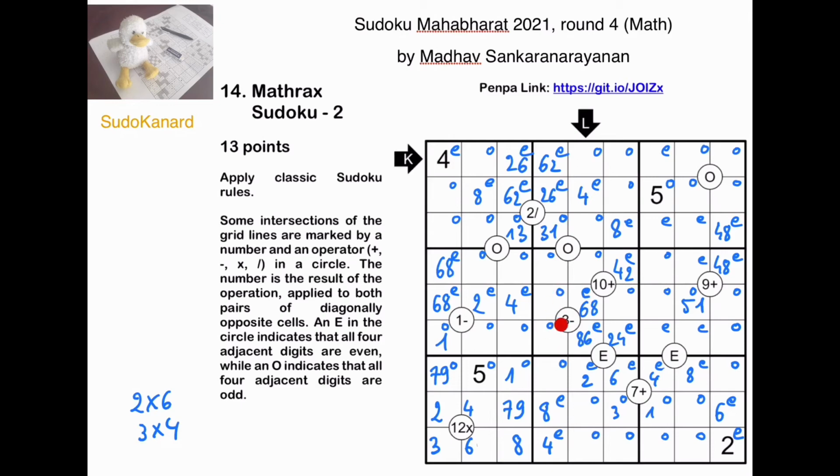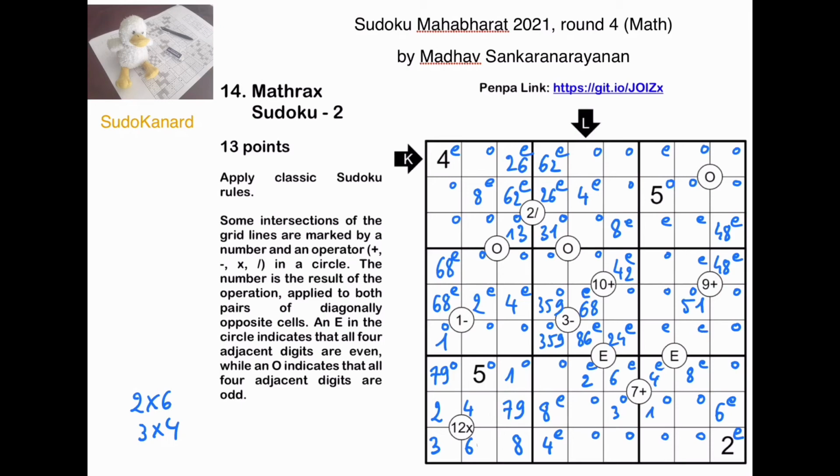So now those 8 will go with a 5 and 6 with 3 or 9. This one is not a 4.